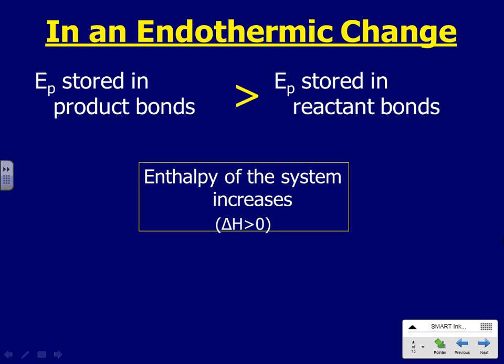If the EP stored in the product is greater than that of the reactants, it means I've put some energy in. The level of the potential energy bank account went up. Then it is endothermic. Then we say the enthalpy of the system increases. The enthalpy went up, or the delta H is greater than 0. The positive value, that change.